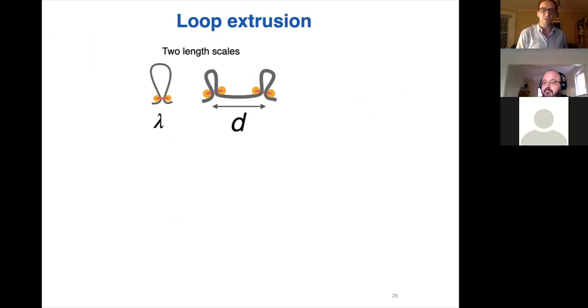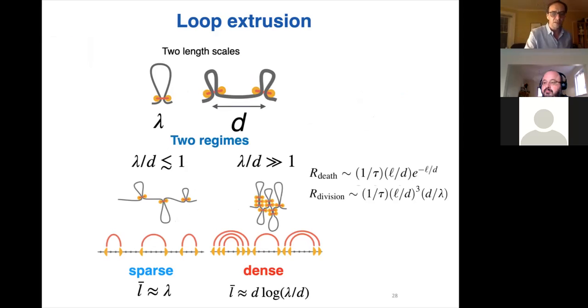One is the size of the loop that's going to be extruded by a motor before it falls off, that's lambda, and another is the separation, the distance between the two motors. And if lambda is much smaller than d, then they're separated by large distances, meaning that the system will be in the sparse regime. It will just form individual loops, and nothing interesting is going to happen.